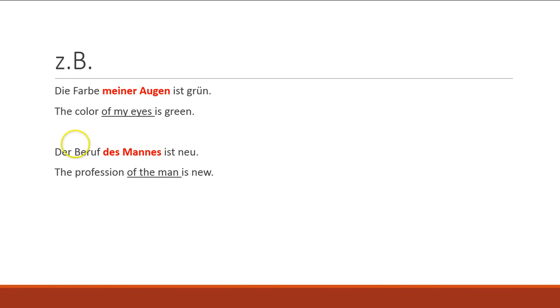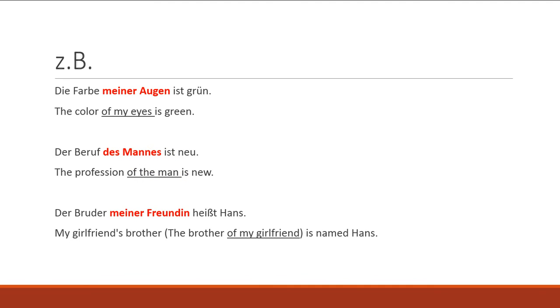Masculine genitive is des. Mann is one syllable, so one syllable gets an ES ending. Der Bruder meiner Freundin heißt Hans. Freundin is feminine. Feminine genitive is an er ending. Freundin is not masculine or neuter, so you don't have to worry about an S or ES ending.